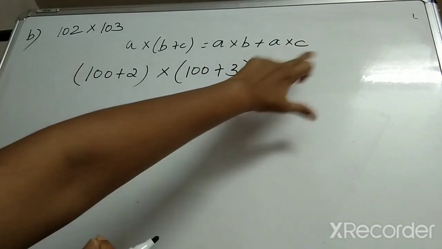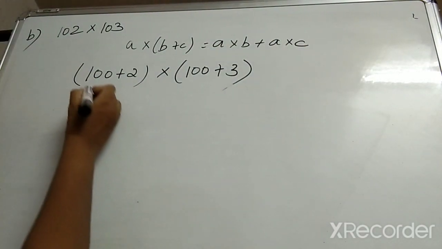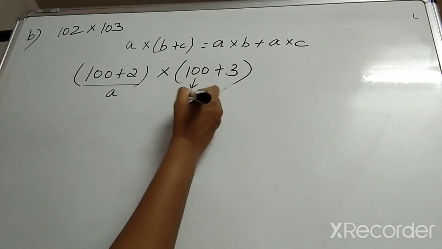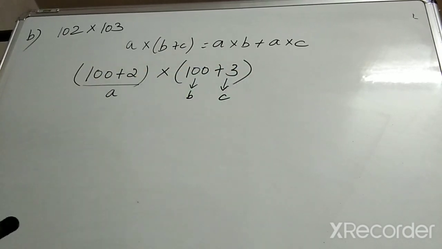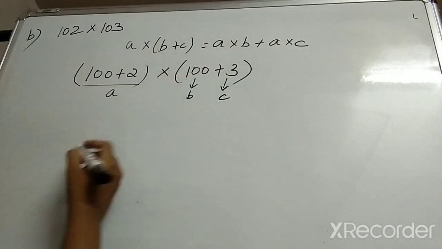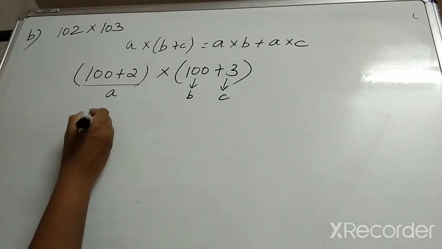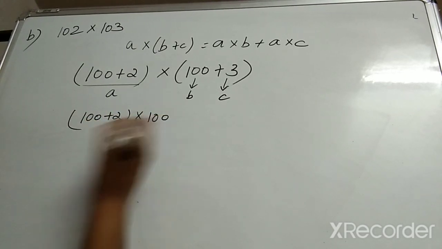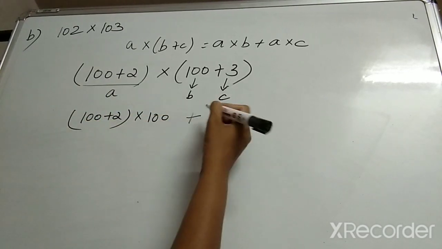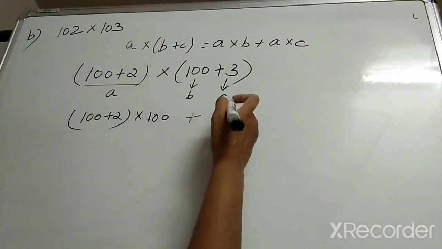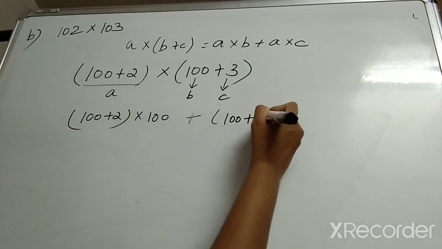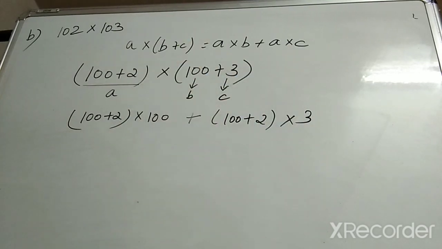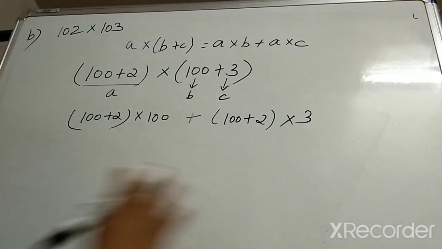A into B plus A into C. So this 100 plus 2 is our A, this is our B and this is our C. So A into B, I can write as (100 plus 2) into 100. Plus again A into C. So A is 100 plus 2 into C is 3, so into 3. Okay. It is clear for everyone.